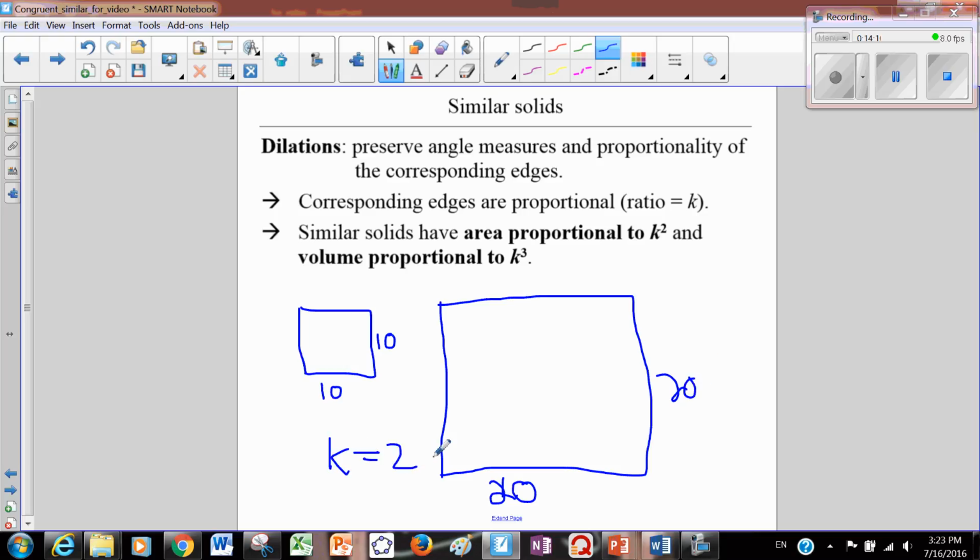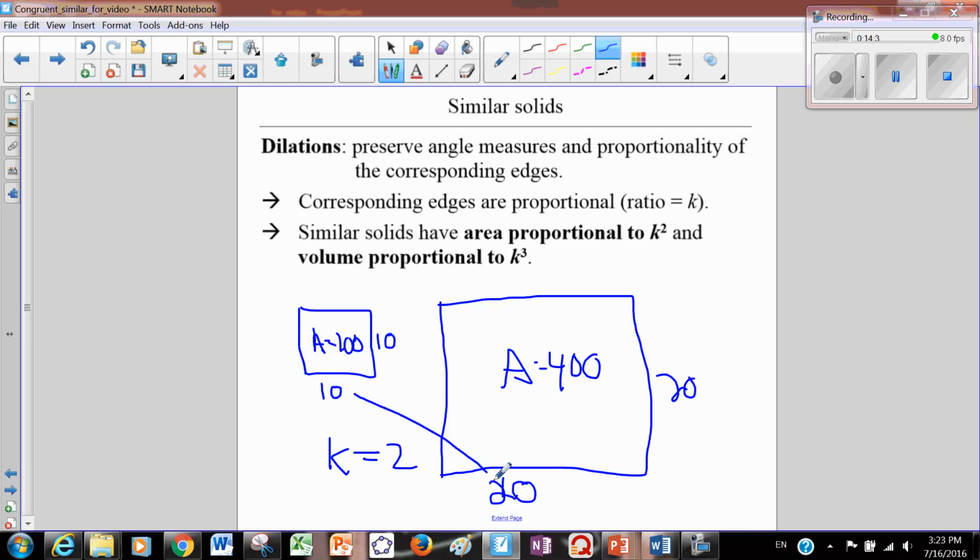What happened to the area? Inside here, the area would be 100. But here, what is the area? 20 times 20, that's 400. How come?